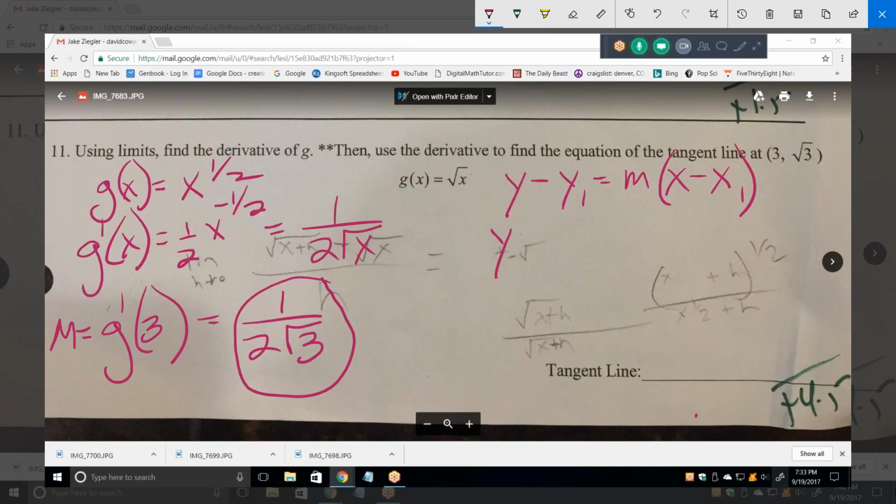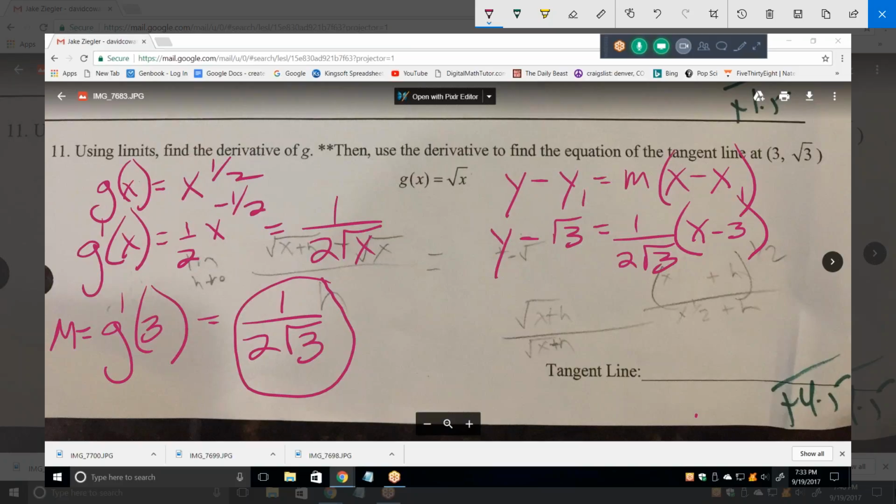We'll start from left to right. What's y sub 1? Root 3. Slope is 1 over 2 root 3. Times what? X minus 3. There's your equation, and that's the final form.